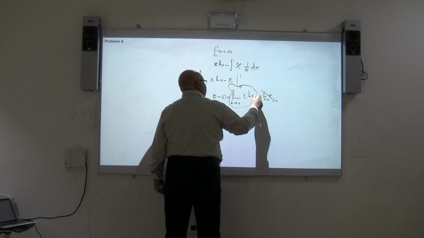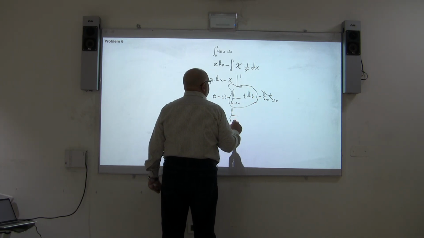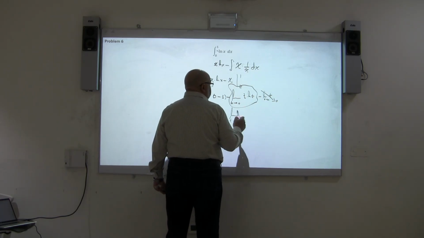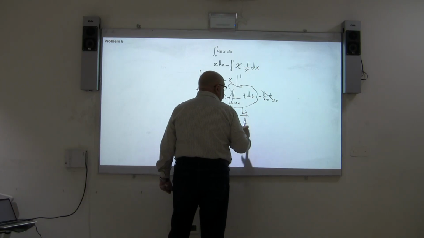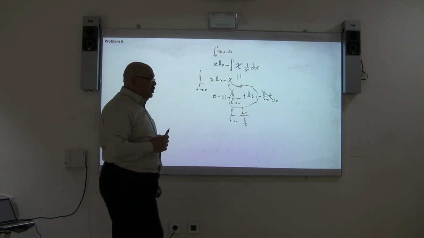I will try to handle this part. This is going to be a limit of t tends to 0, as you can see. And then I will try to substitute, which is going to be, if you remember, we handled this before. So it's going to be from Cauchy, so it's ln t over 1 over t. Both of them are undefined.